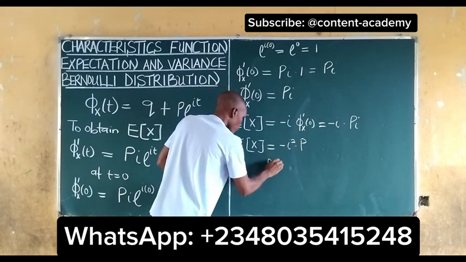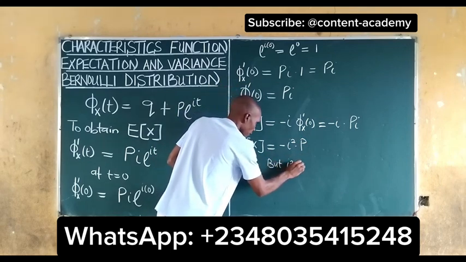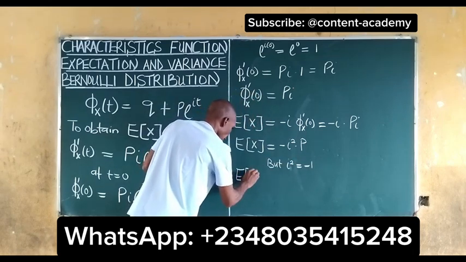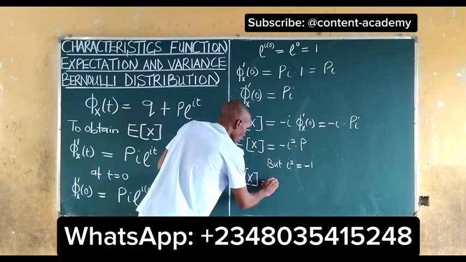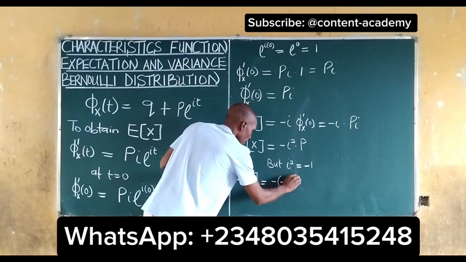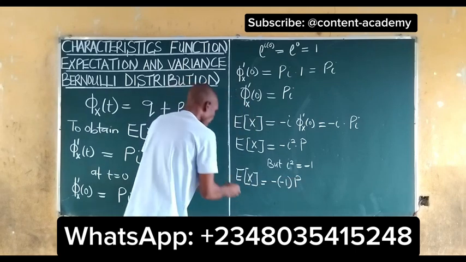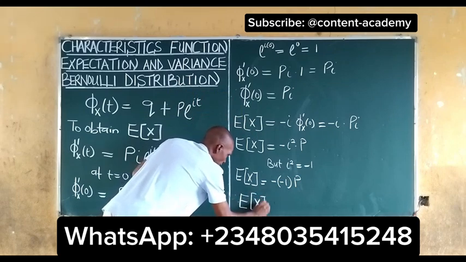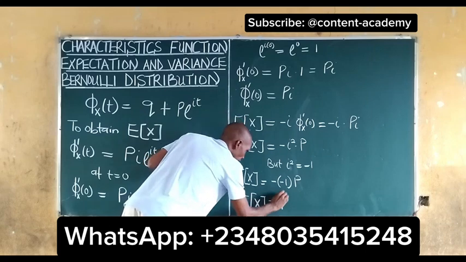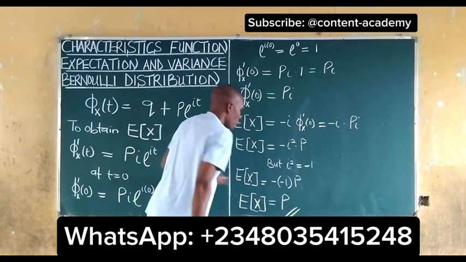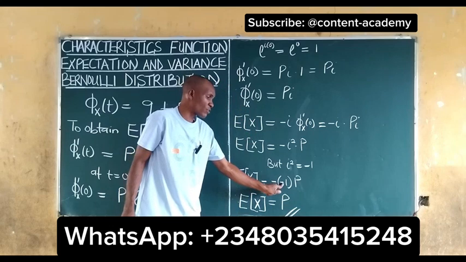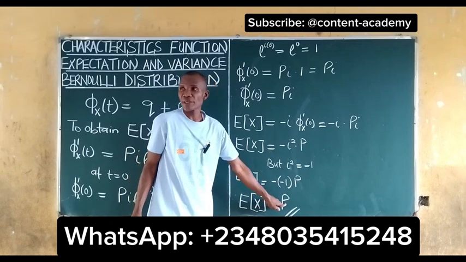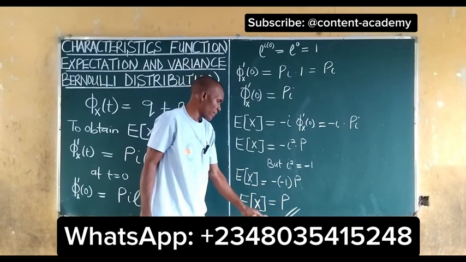But i squared is equal to negative 1. It then means that our expected value of x is equal to negative into negative 1 multiplied by p. So our expected value of x is p, because the negative sign will cancel the negative sign, and 1 multiplied by p will give us p. So the expected value of x is p.